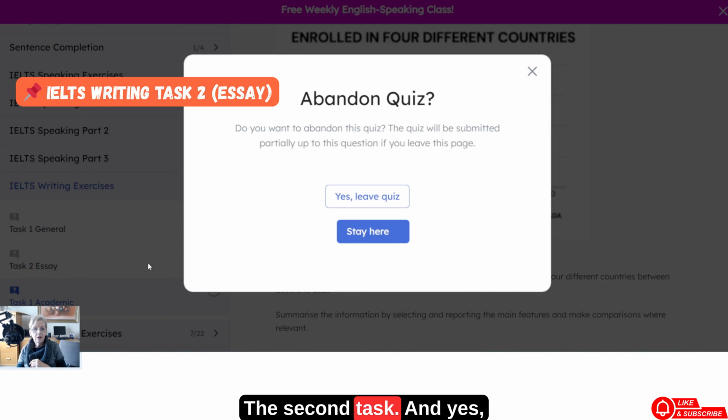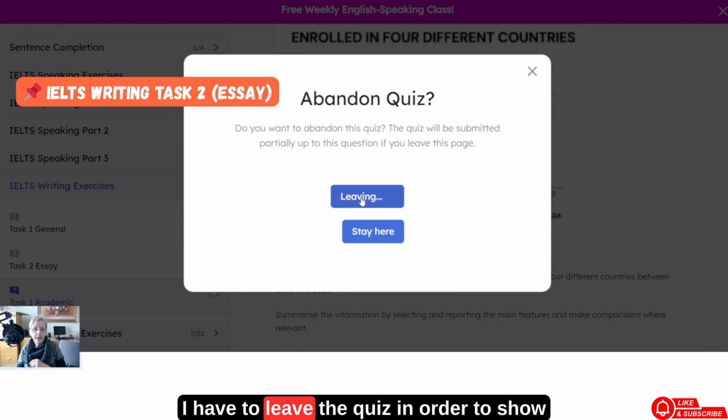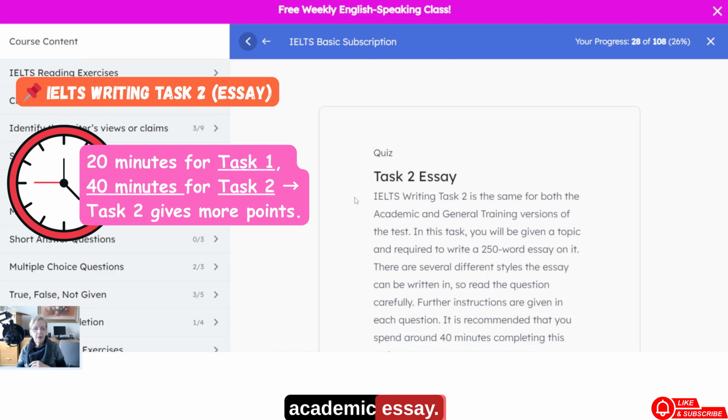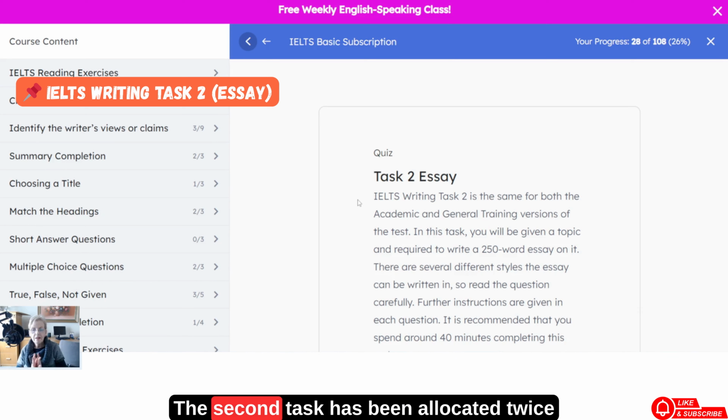The second task, and yes, I have to leave the quiz in order to show you. The second task is an academic essay. First of all, I want to point out the first task is 20 minutes long. The second task has been allocated twice as much time and gets you more points.